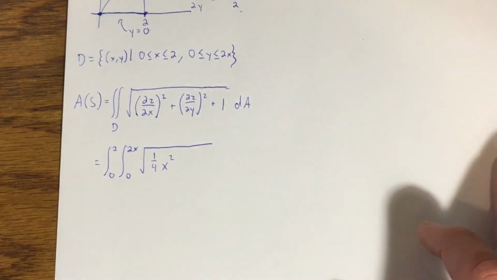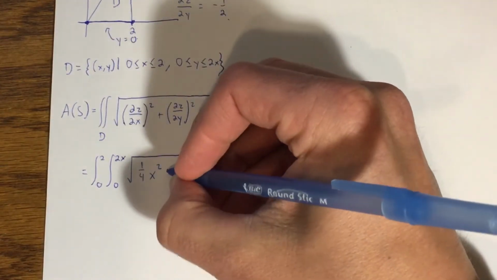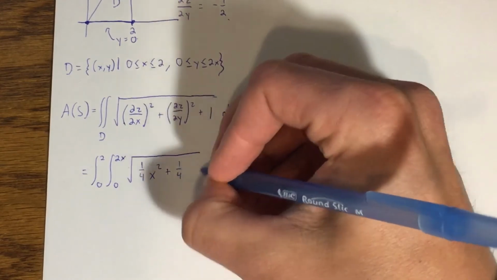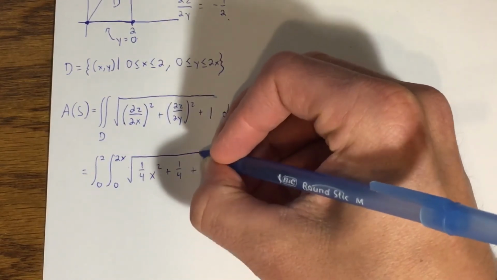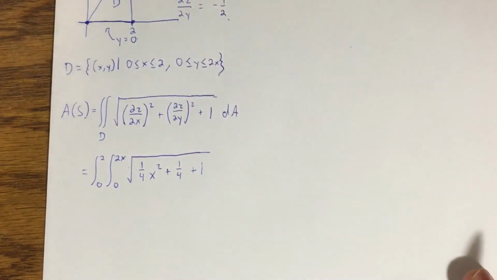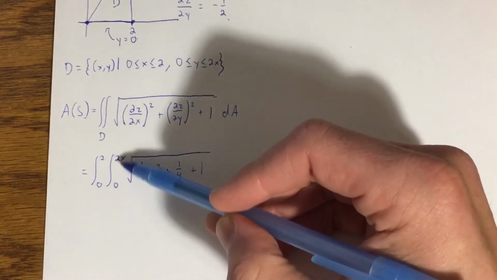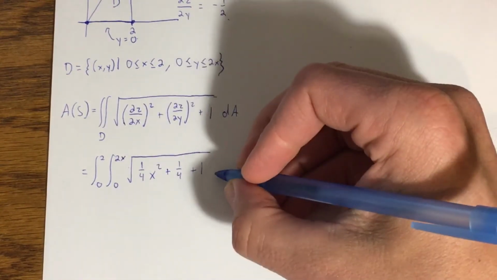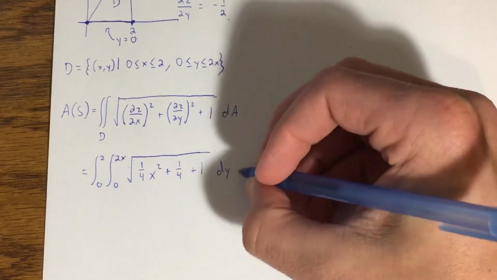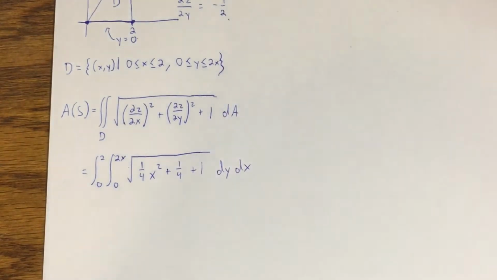If I square my partial with respect to y, remember that was negative 1/2. Squaring that gives me 1/4, and then plus 1. And remember, it's a type 1 region. These represent bounds on my y, so the inner integral is with respect to y, outer is with respect to x.